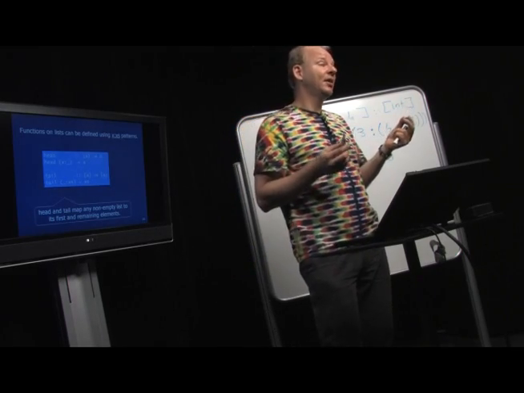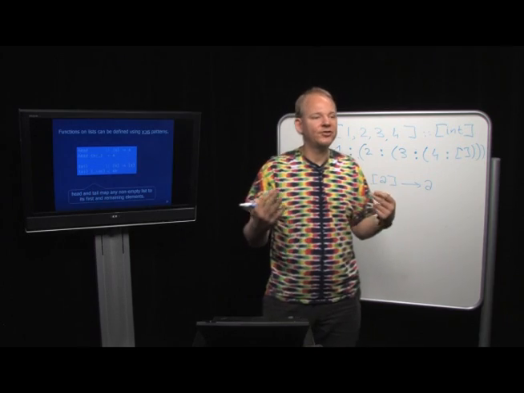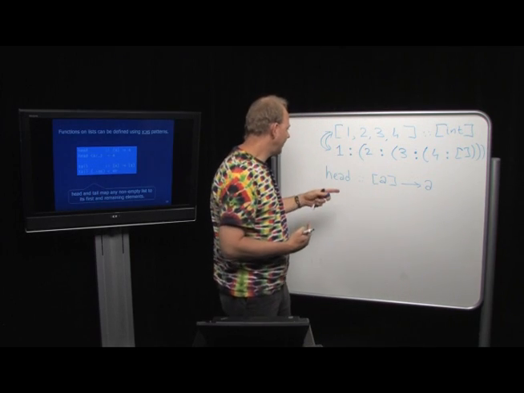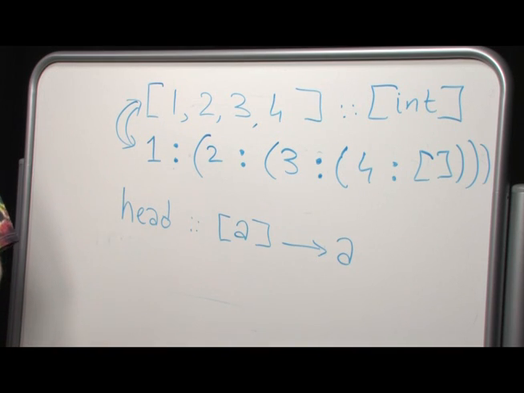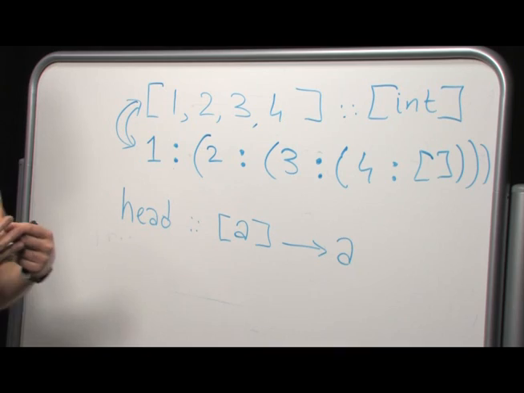If you look at head and you look at its type, there's really not very many choices to do this. You can take the first element, well, in principle you can take any element of the list, right? But that's kind of all you can do.